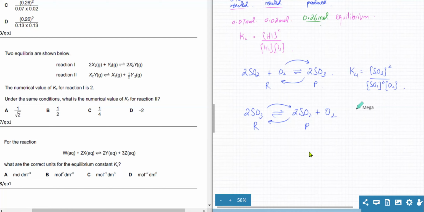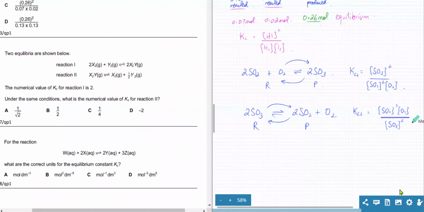For the other reaction, let's call that Kc2. Because you're using conventional notation, the Kc expression is going to be different. Okay, in this case, in Kc2, the SO2 concentration is going to be in the numerator, and the O2 concentration would also be in the numerator, and SO3 concentration would be in the denominator.